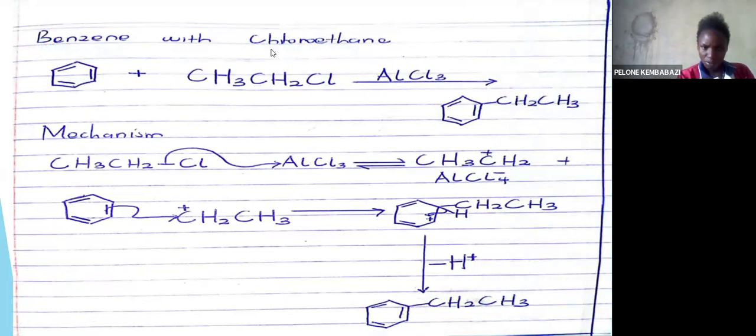Someone is asking why benzene undergoes electrophilic substitution reaction. As I said, benzene has a mixture of double bonds and single bonds, which keep alternating. So it can render its double bond towards electrophiles.